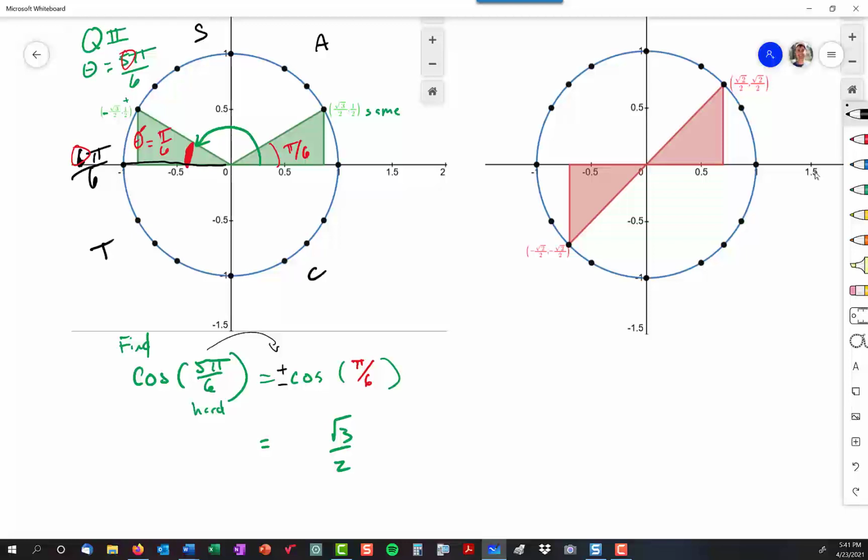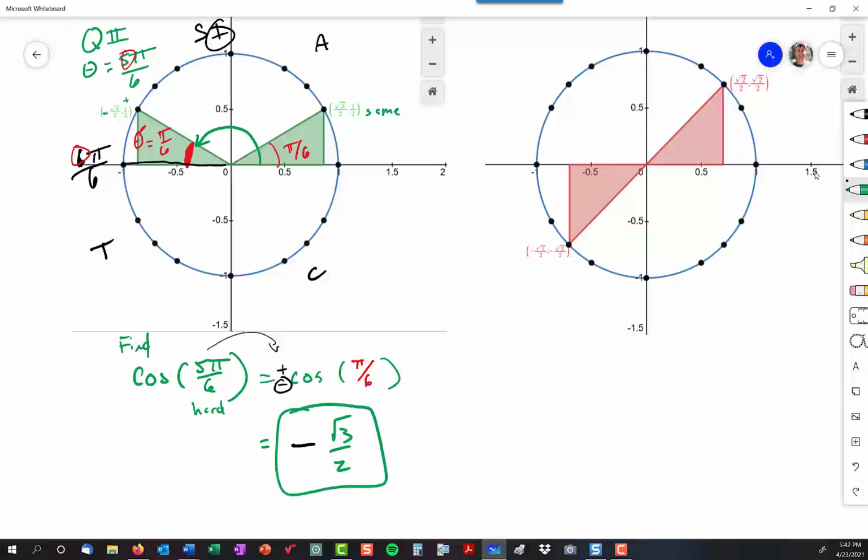We are in quadrant 2. And in quadrant 2, sine is the positive one. So we can deduce from that that cosine and tangent are negative. So for this final answer, since 5 pi 6 is in quadrant 2, we have to choose a negative answer for the cosine. So there it is. That's my final answer.